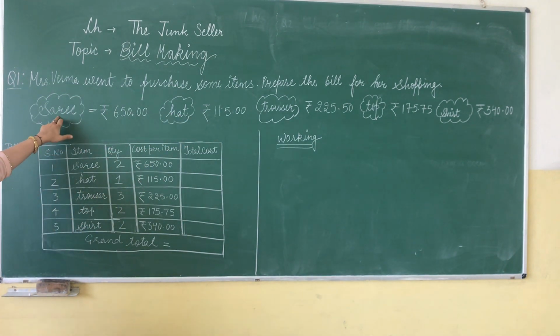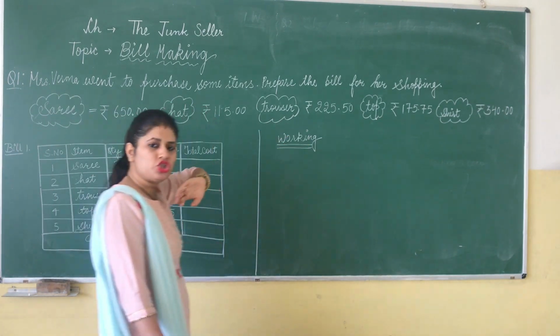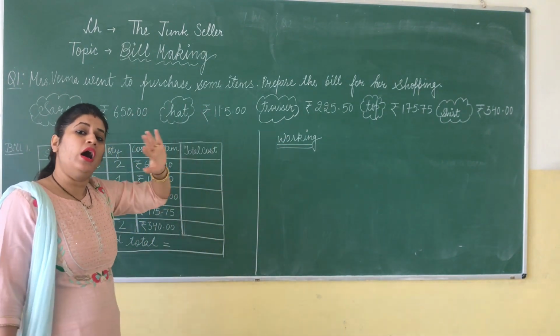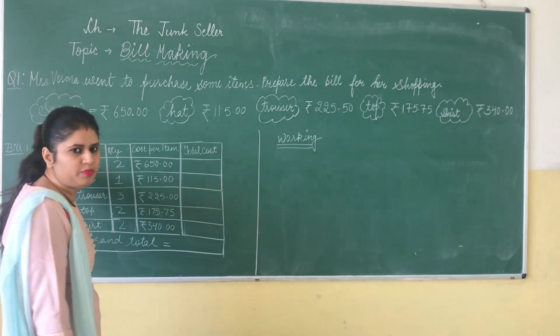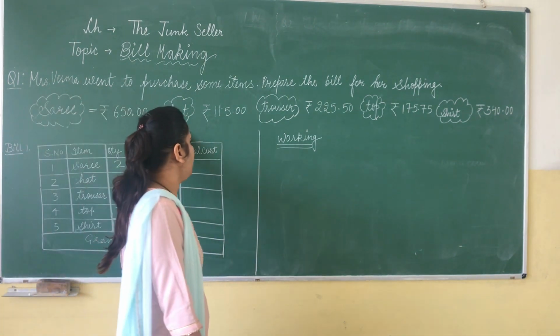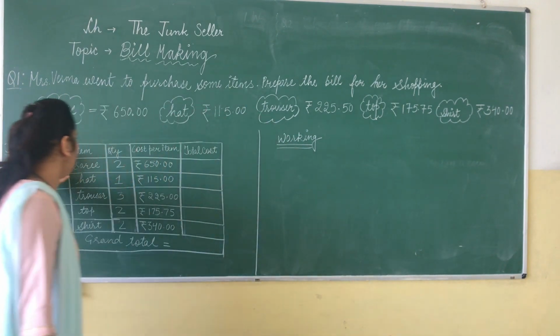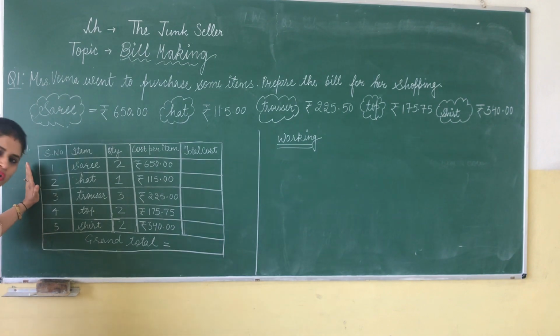The items she has purchased are sari, hat, trouser, top and shirt. But we don't know how many items she has purchased, like how many saris, how many hats, how many trousers she has purchased. So it is given in that table. This is the format of a bill.